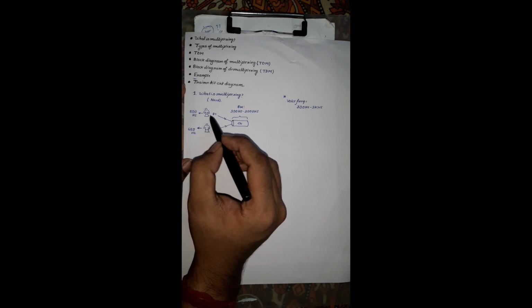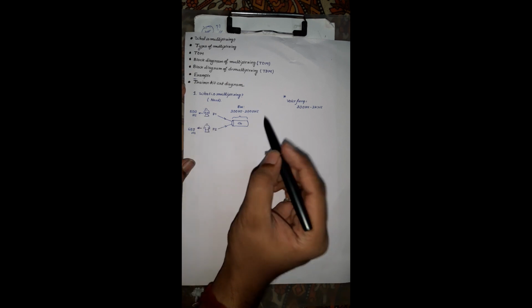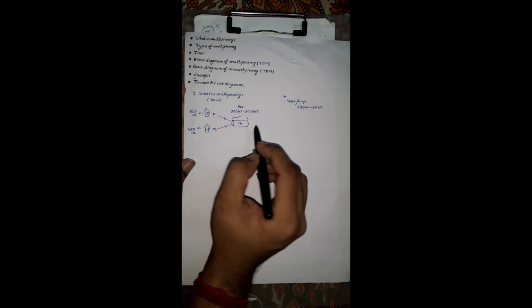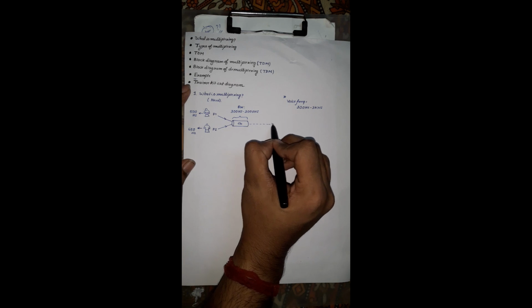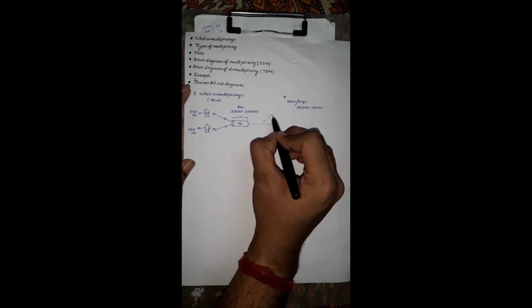So as you see, the voice frequencies that these two persons are using are different, right? But both of them are using the same channel to communicate with some other persons at the other end.